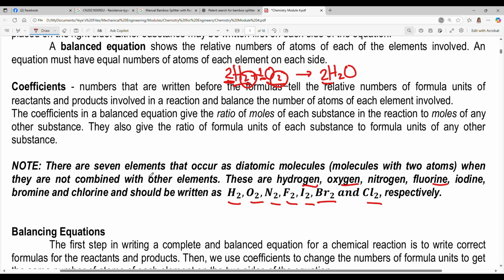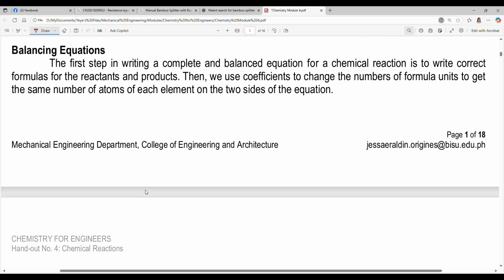So let's now proceed with balancing equations. The first step in writing a complete and balanced equation for a chemical reaction is to write correct formulas for the reactants and products. Then we use coefficients to change the number of formula units to get the same number of atoms of each element on the two sides of the equation.